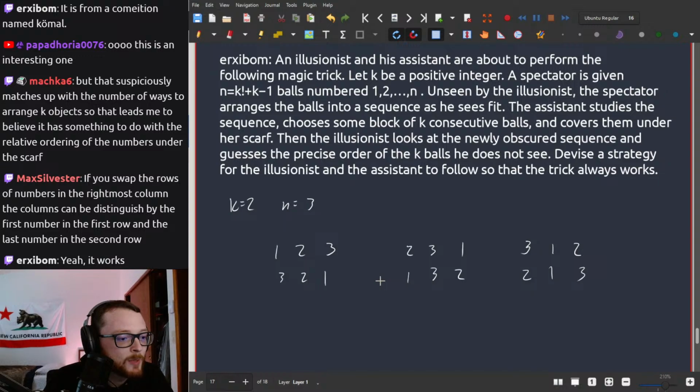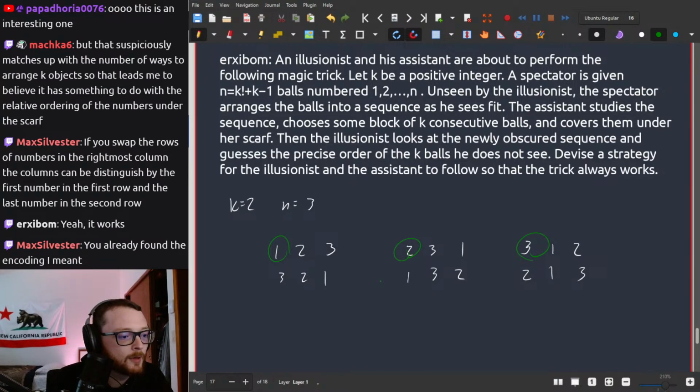Columns can be distinguished by the first number in the first row. 1, 2, 3. Oh, okay, cool.